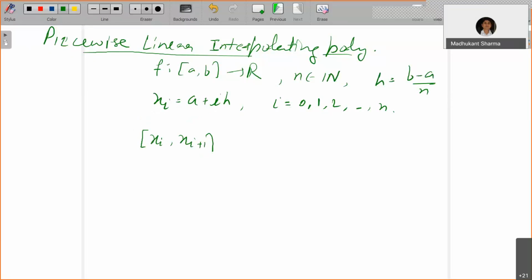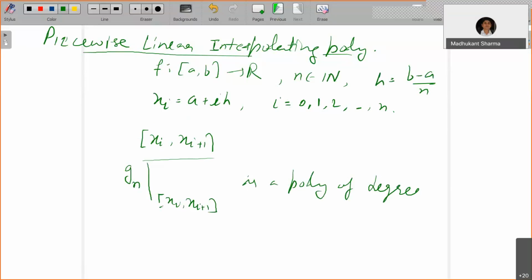Over this interval, we wish to define a function gn, which depends on n, such that gn restricted to xi to xi plus 1 is a polynomial of degree less than or equal to 1.